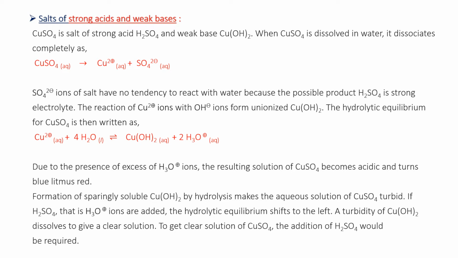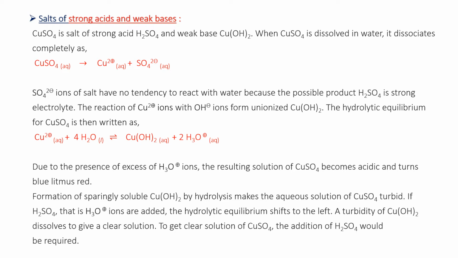So in this case, to have a clear solution, the addition of H2SO4 will be required. What is the meaning of that? You form a sparingly soluble Cu(OH)2, which is formed by hydrolysis and makes the aqueous solution of copper sulfate turbid.